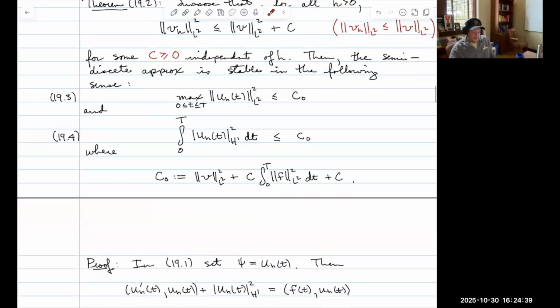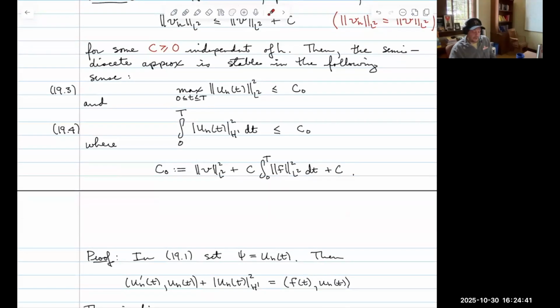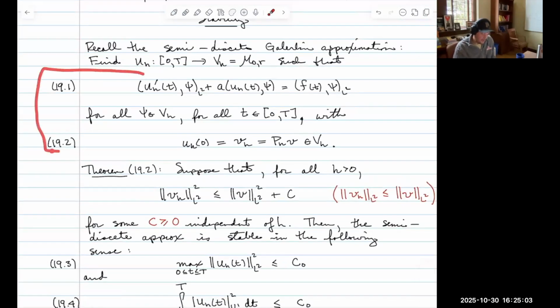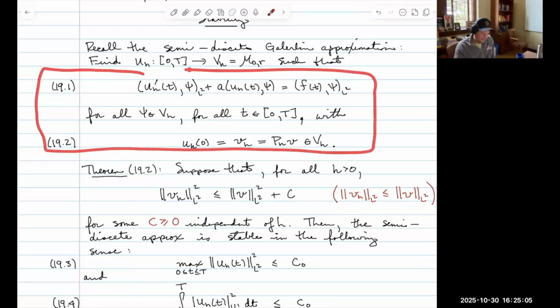These are otherwise called energy stabilities, because we think about the energy being this object here, and this object is being reduced at every time I can show. We'll talk about that a little bit later when we talk about the fully discrete methodology. All right, so what we're going to do is use this formulation of the problem to prove those stabilities.